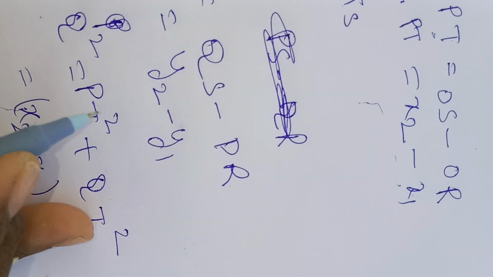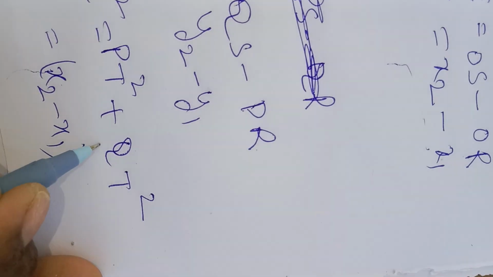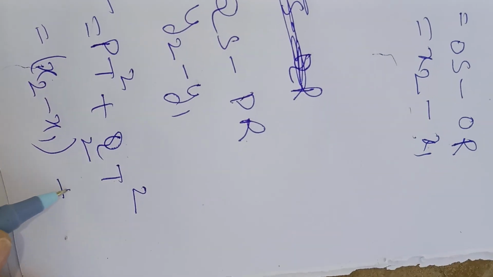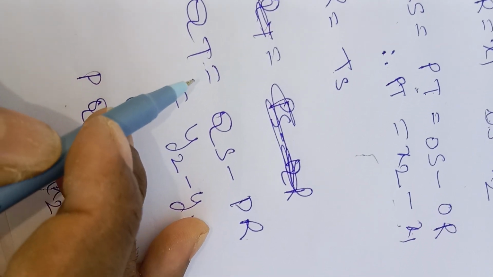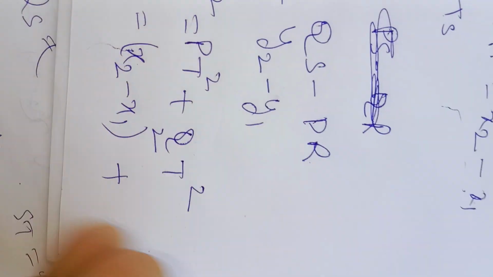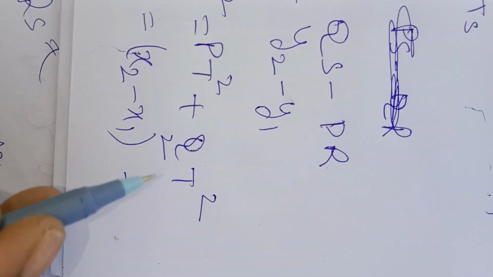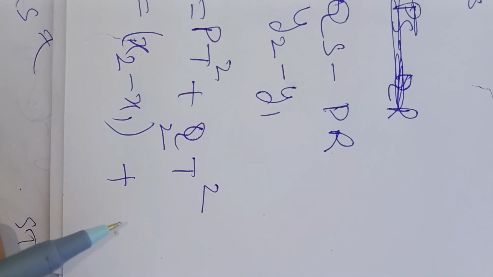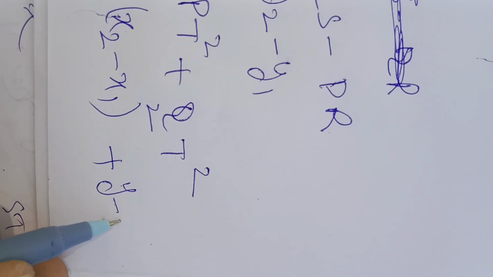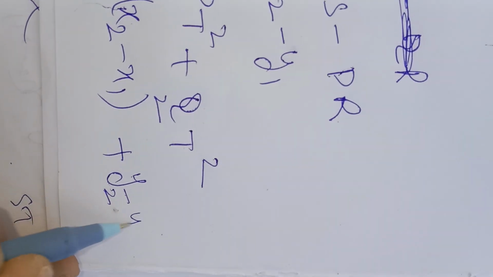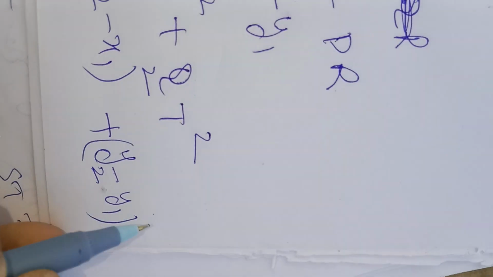Since PT is squared, we should write the whole square. Similarly, substitute the QT value. QT equals y2 minus y1. In the place of QT we will write y2 minus y1, and since it is squared, we write y2 minus y1 whole square.